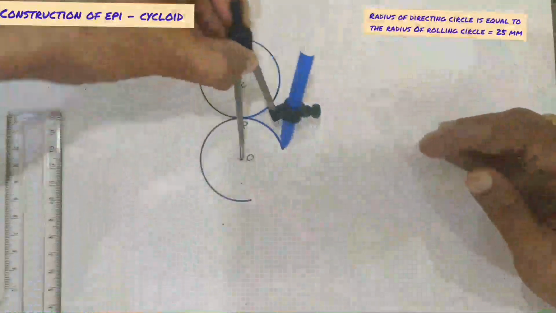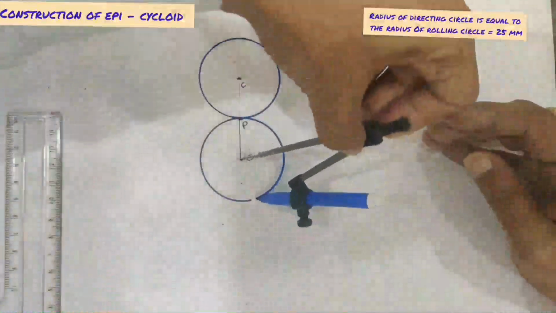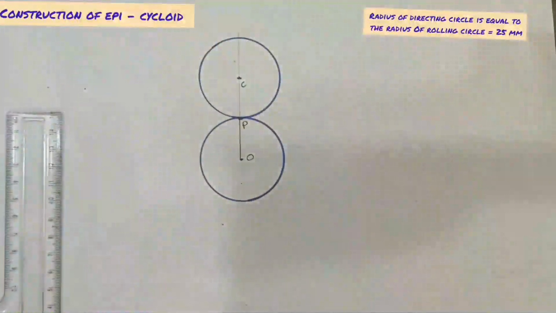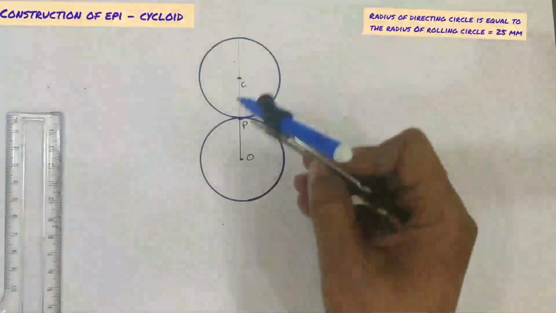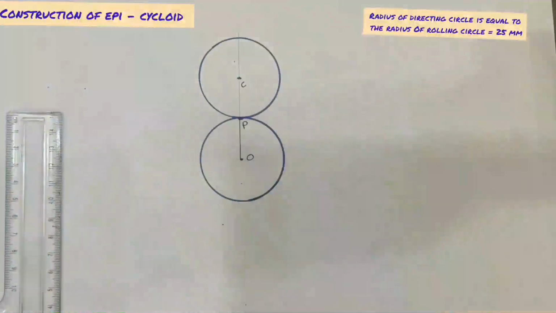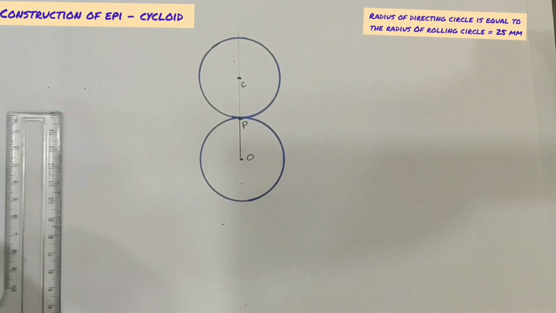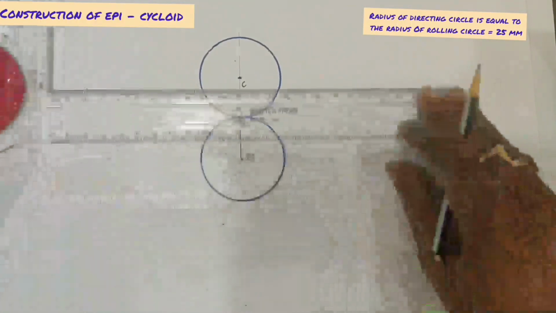Here, the angle subtended by the directing circle is 360 degrees. That is, this rolling circle rolls over this directing circle. Here, diameter of the rolling circle and diameter of the directing circle is same. Then divide rolling circle into 12 equal divisions.